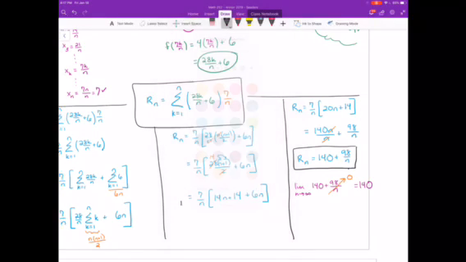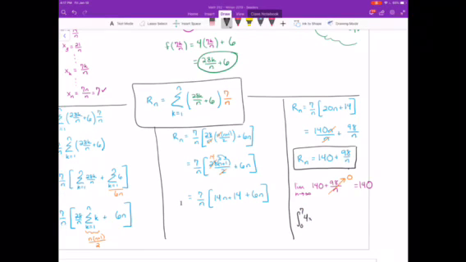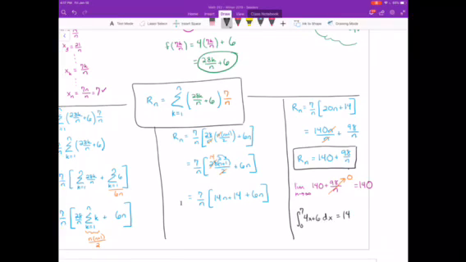Which means my definite integral from 0 to 7 of 4x plus 6 dx is equal to 140. To find that, I just took the limit as my number of subdivisions goes to infinity of my right-hand Riemann sum.